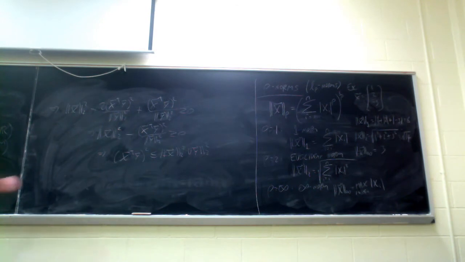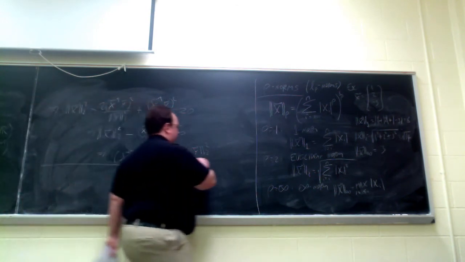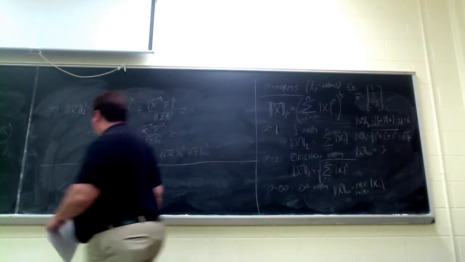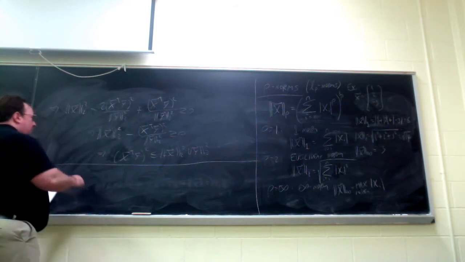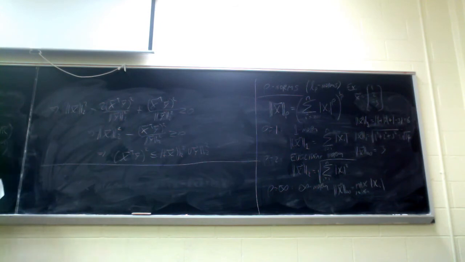Now, one helpful thing, and this will be important especially when we talk about, for instance, iterative methods for solving systems of linear equations: we can use vector norms to describe what it means for a sequence of vectors to converge.